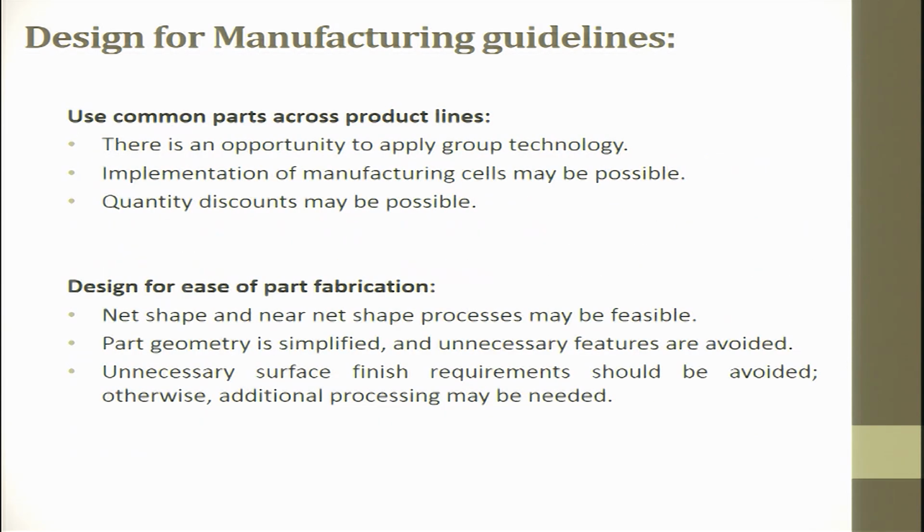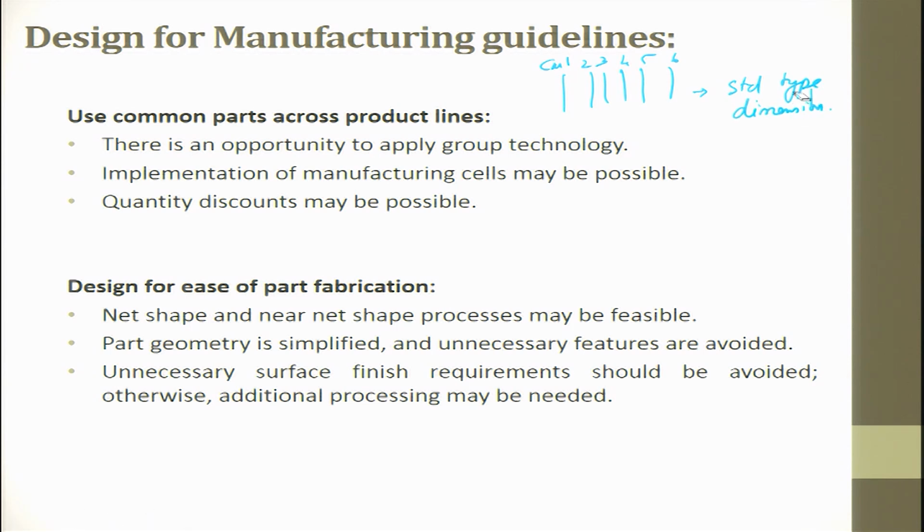Use common parts across the product line. For example, if you are producing different types of cars, car 1, 2, 3, 4, 5, 6, it is excellent, but all the 6 cars must have a standard tire dimensions.